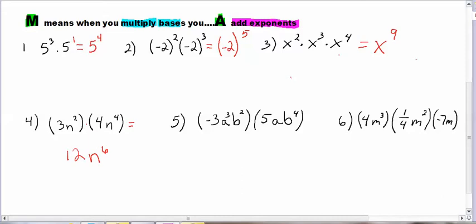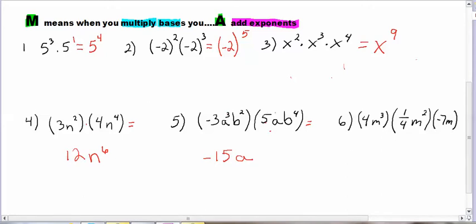Okay, the next problem. Again, I have numbers and variables mixed up together. So now I have 5 times -3 is -15. Now I have a base of A. I have an A here and I have an A over there. So I have a base of A. I'm going to write down my base. I'm going to add my exponents for the base of A only.